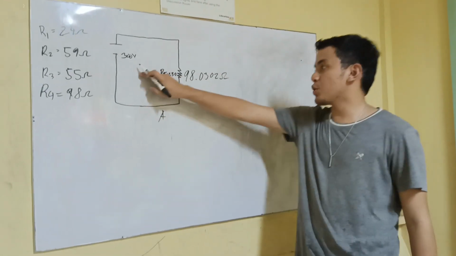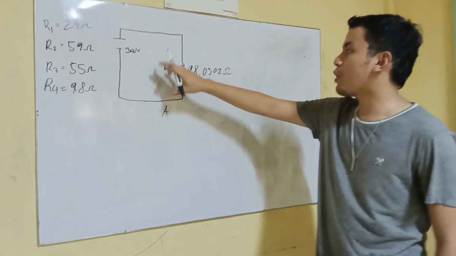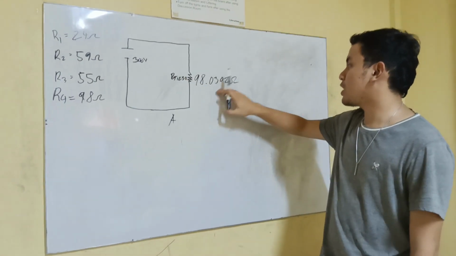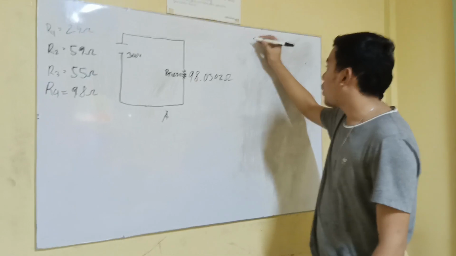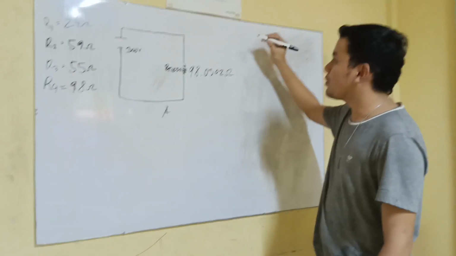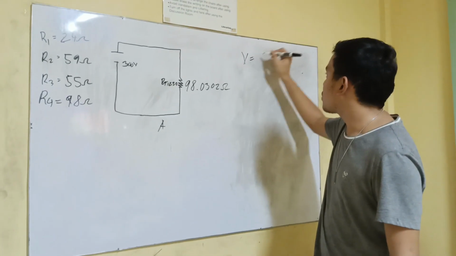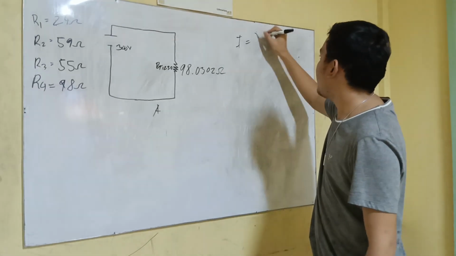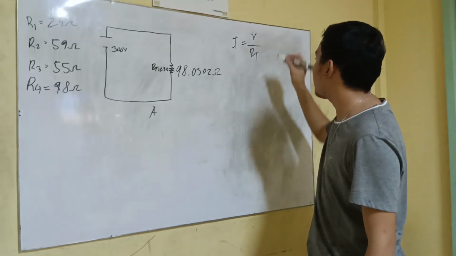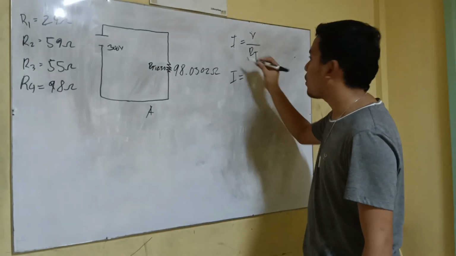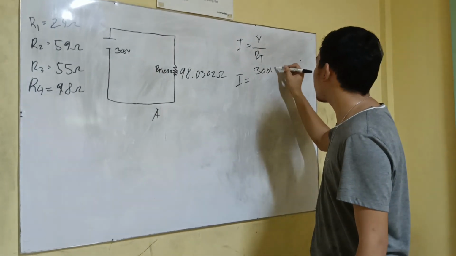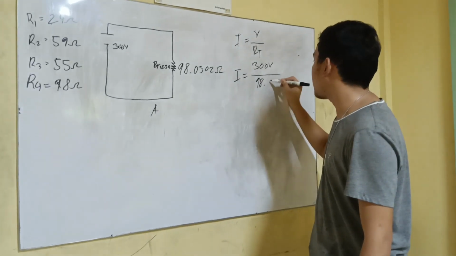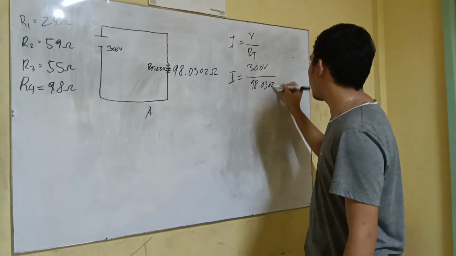And lastly, we're going to solve the current of this problem. Our voltage is 300 and our R total 1, 2, 3, 4 is 98.0302 ohms. The formula is I equals V over R total. V is 300 volts and R total is 98.0302 ohms.